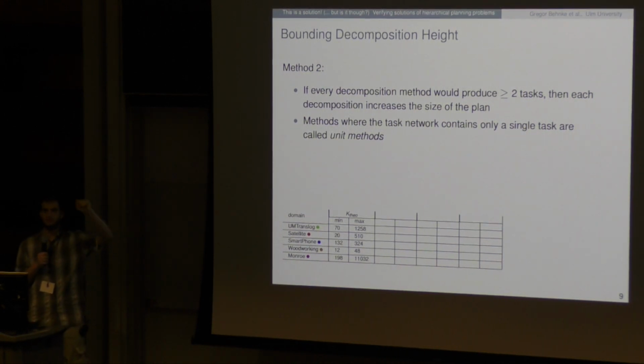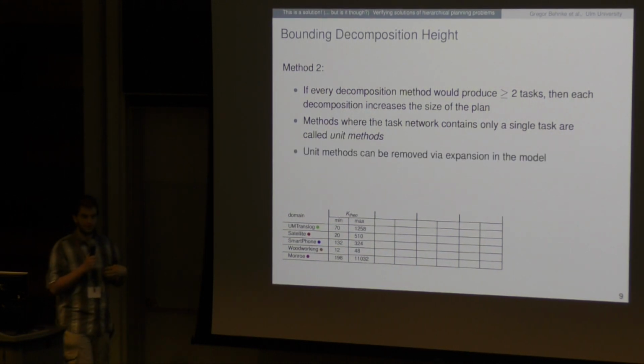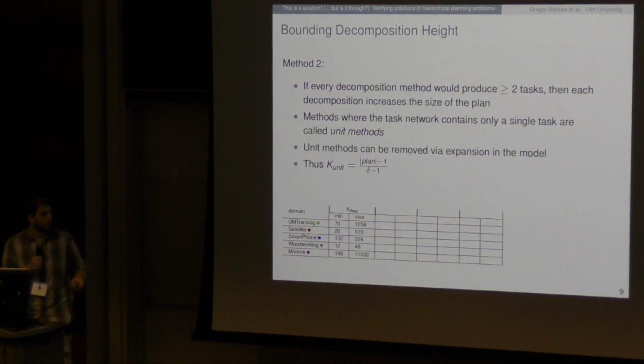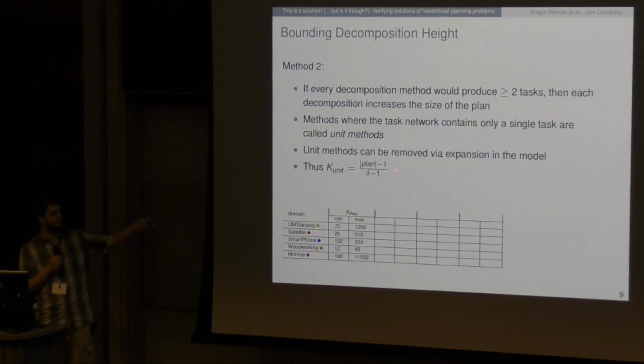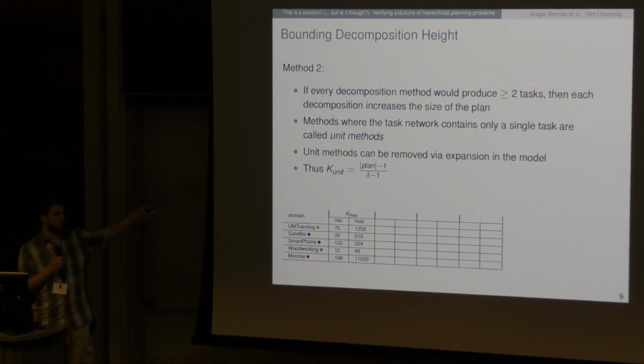They're essentially decomposing one abstract task into one other abstract task. And this can be done by essentially expanding them in the model. And then we can use the length of the plan minus 1 divided by delta, which means the size of the smallest method minus 1, which if we have done this is at least 2, meaning we have at most plan minus 1 divided by 1.